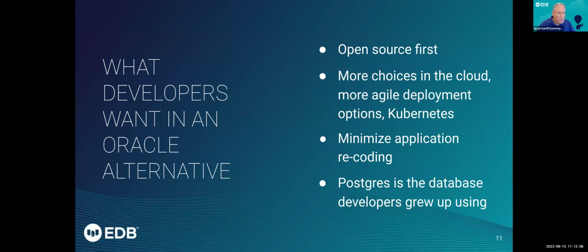They want more agile deployment options. So they're looking at things like cloud native, Kubernetes, other container technologies. This is obviously a way to be more agile, more efficient, and it also gives a lot more flexibility for application developers. The next point is around minimizing application recoding.